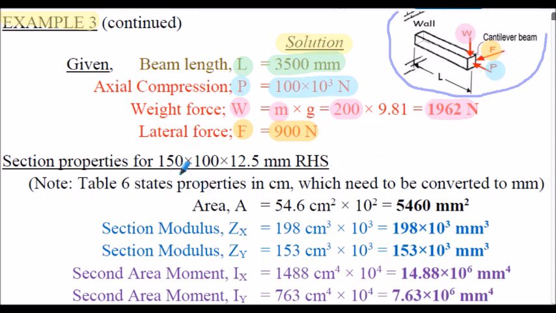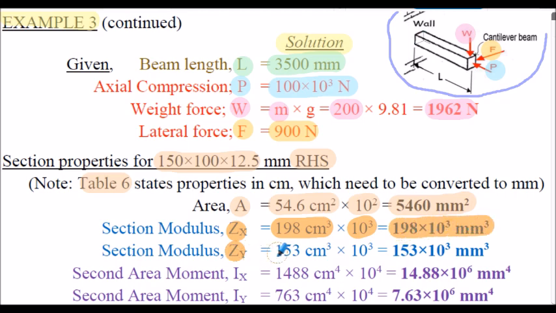Below are the section properties from our previous table related to the section we're using. So from our table 6, here's a recap of the properties. The area, 54.6 centimeters squared, multiply that by 100 to convert it into millimeters squared. Here are our section moduli. Zx was 198 centimeters cubed; multiply that by 1,000 to convert it to millimeters cubed.